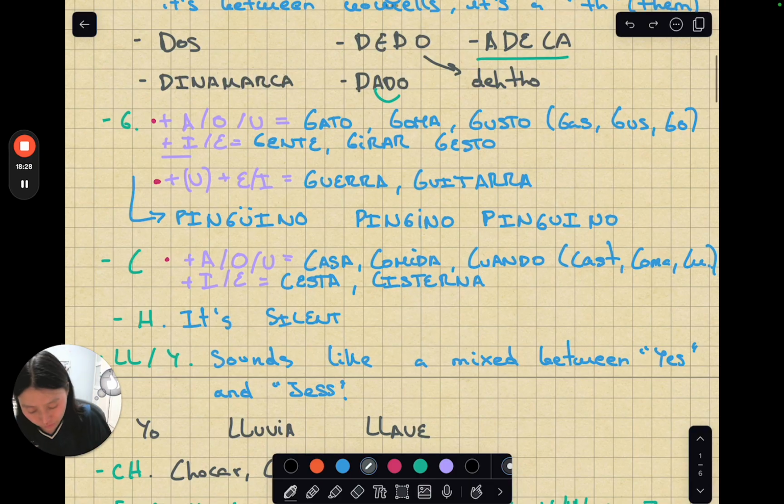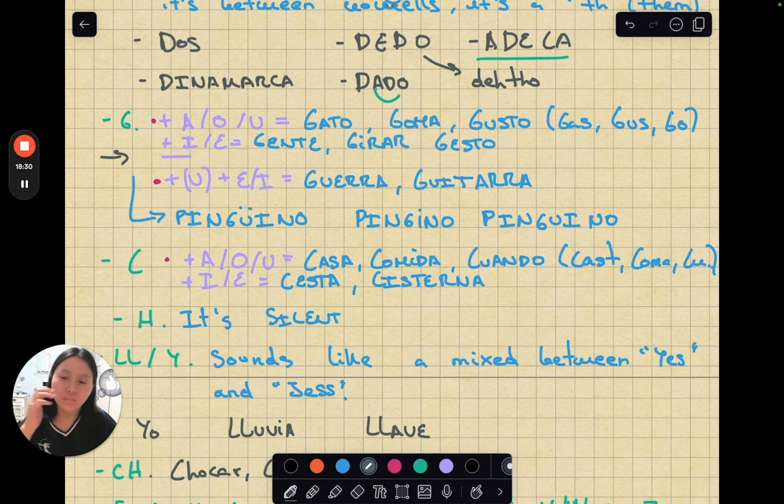And then we move to the G. Okay, the G again, just like in English, when the G is followed by A, O, U, it's pronounced like a hard G sound. It's a velar sound, as we say in linguistics. So you have words like gas, or the verb go, right? But whenever the G is followed by E or I, it's a J sound, right?